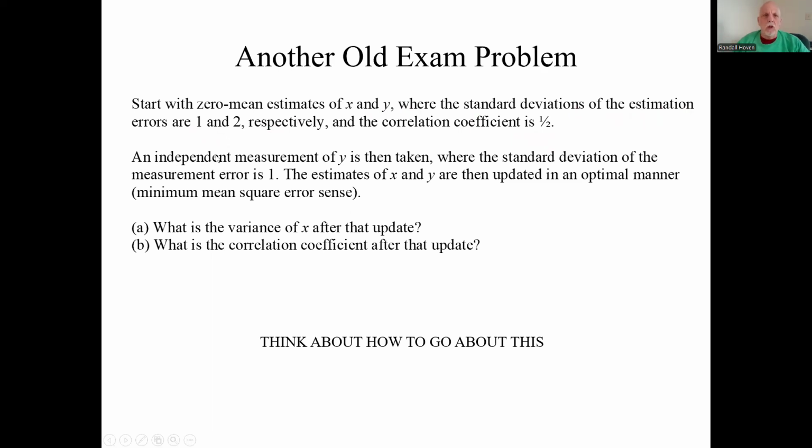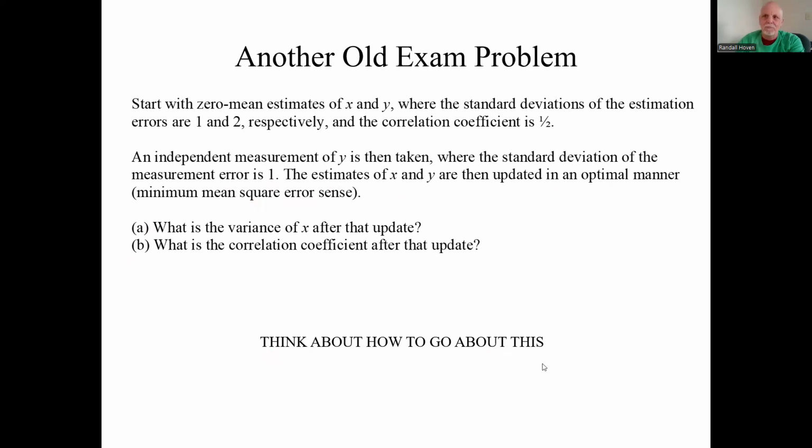Now, with all that starting, we get an independent measurement of Y. And we know the standard deviation of that measurement is 1. The estimates of both X and Y are then updated in an optimal manner, meaning minimum mean square error. What is the variance of X after they update, and what is the correlation coefficient after that update?